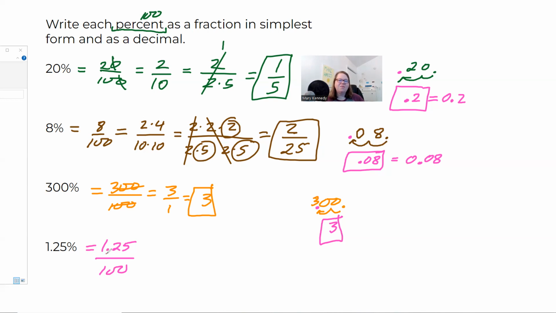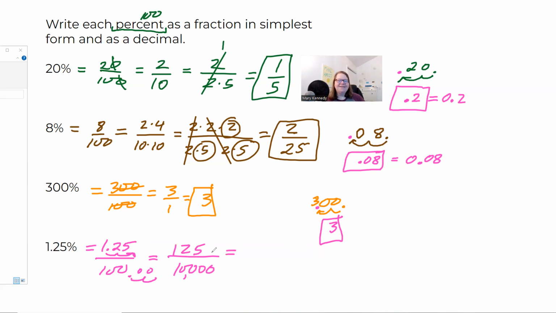So I want to move this decimal over 2 places. I want to make this 125 so that I don't have a decimal in the problem at all. And if I move the decimal over 2 places, I have to do it down here too. So 1, 2. So that means I have it over 100 and 2 more zeros. So really 10,000. Oh my goodness. This is really, really big, right?